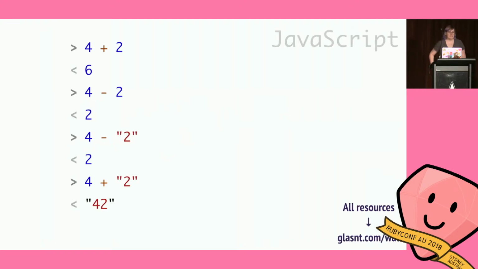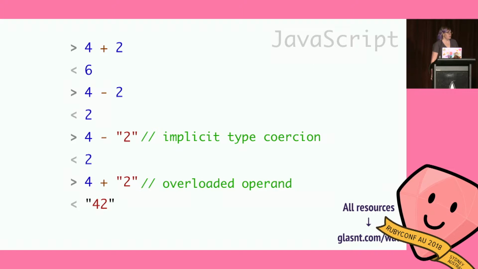In this particular example, what we have here is an issue of implicit coercion. So what's happening here is JavaScript recognizes that it's a number and we want to negate something, and that string happens to end up being a number, so it works that out for us automatically. And in the second example, it's an overloaded operand. So instead of plus here, it's going, oh, one of those is a string, I'm going to concatenate.